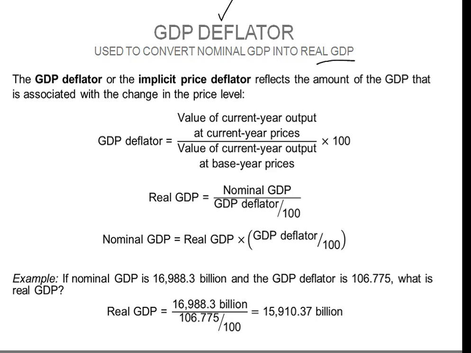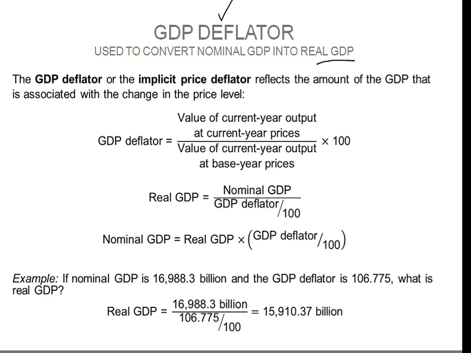When there is a change in GDP due to a change in price, the GDP deflator deflates the nominal GDP by as much as the price changes.